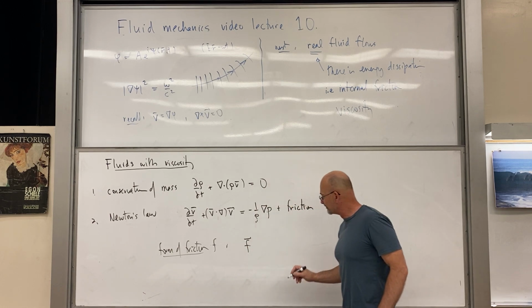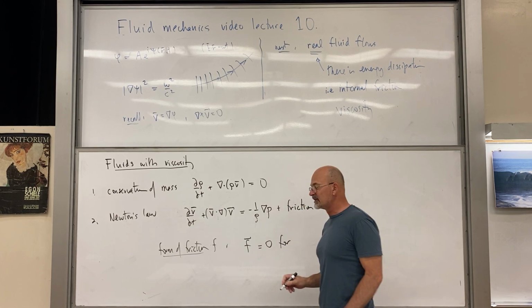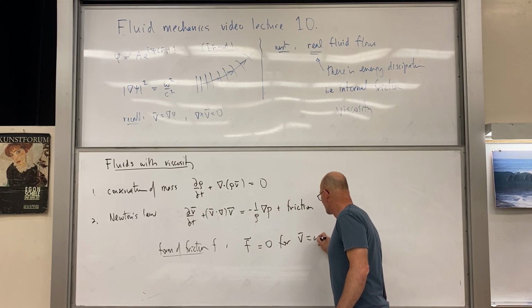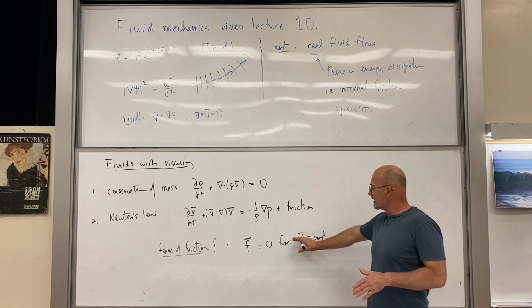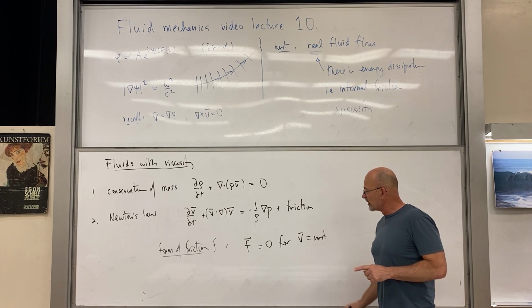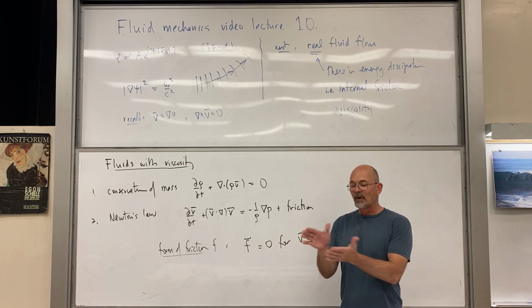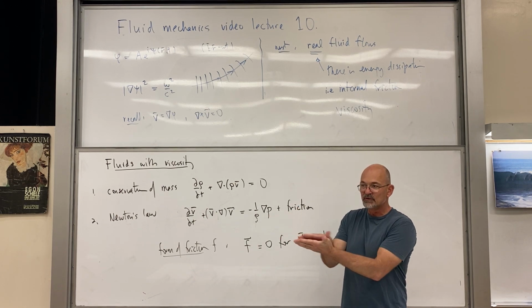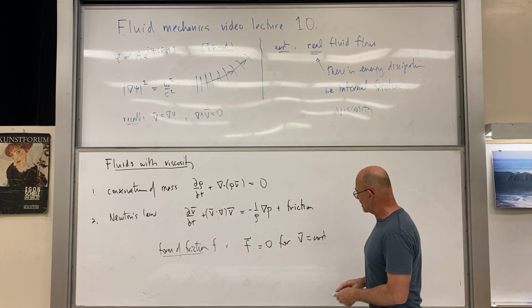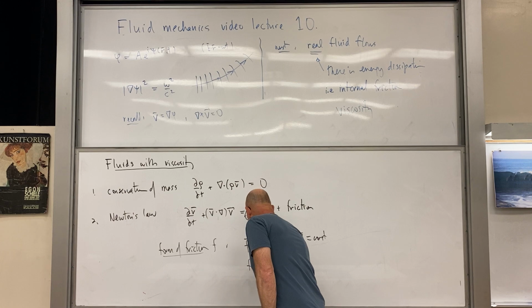So F equals 0 for just v equals constant. If you just had a uniform flow, then that would have to be equal to 0. So the friction's actually going to be dependent on velocity gradients, on relative motion, on layers of fluid trying to slide over each other. So F depends on velocity gradients.